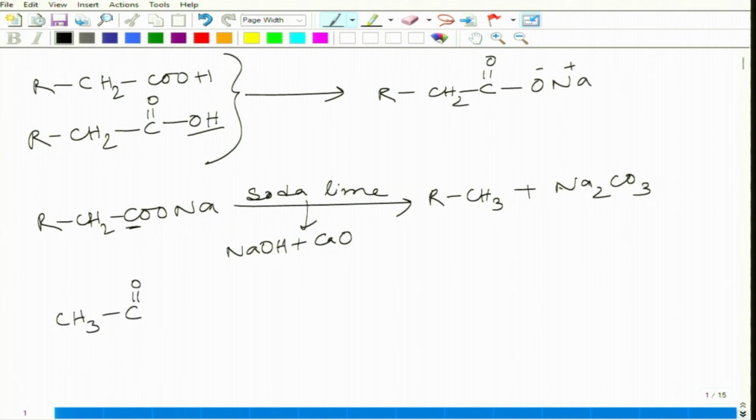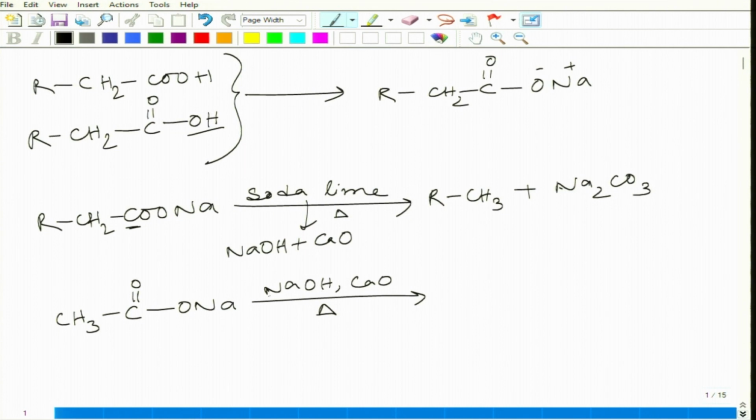Let's consider one simple example. Let's say the sodium salt of acetic acid or ethanoic acid, with soda lime and heat.